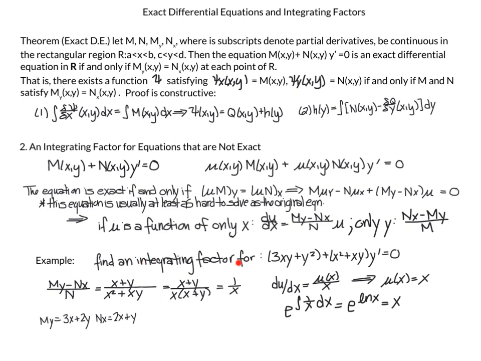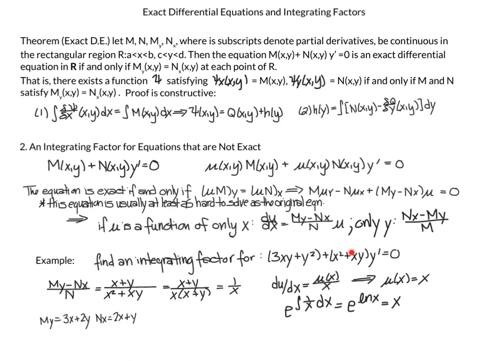For an example of finding this integrating factor, we'll consider this differential equation, 3xy plus y squared plus x squared plus xy times the derivative of y equals 0. In this case, our n is equal to x squared plus xy. So n, partial derivative with respect to x, is going to be 2x plus y.